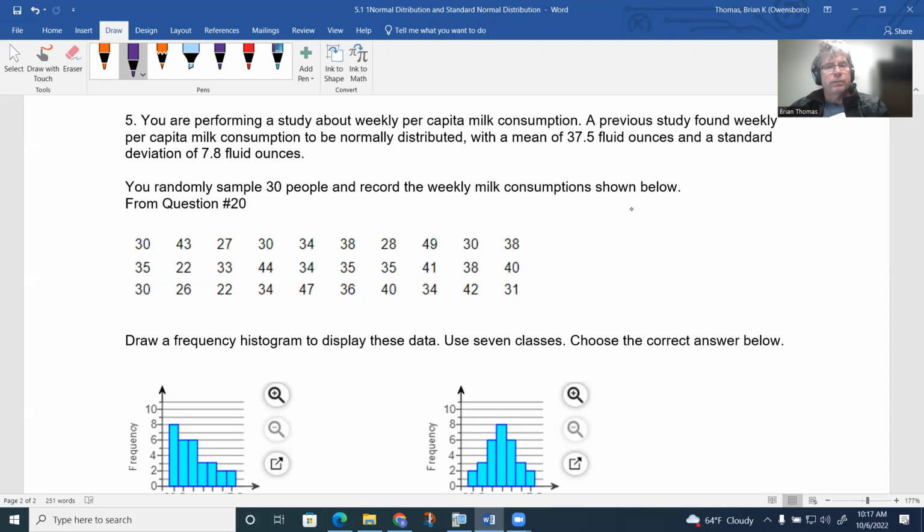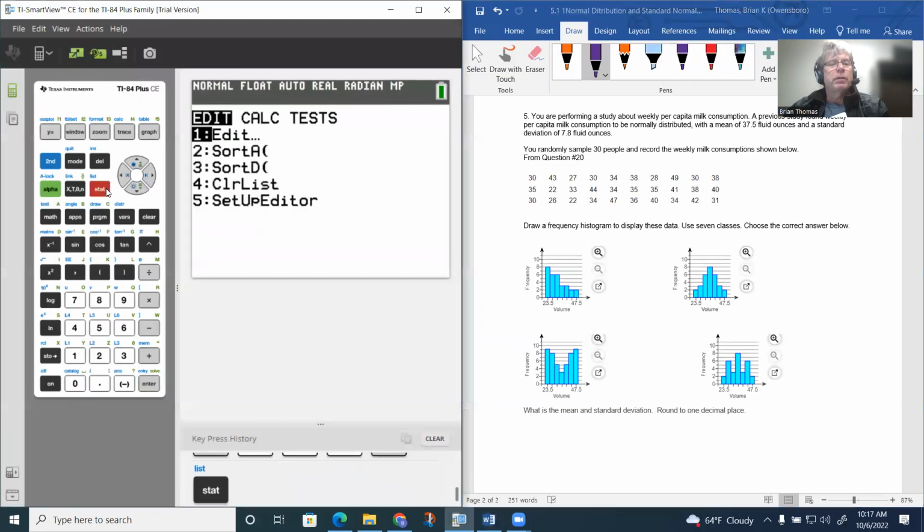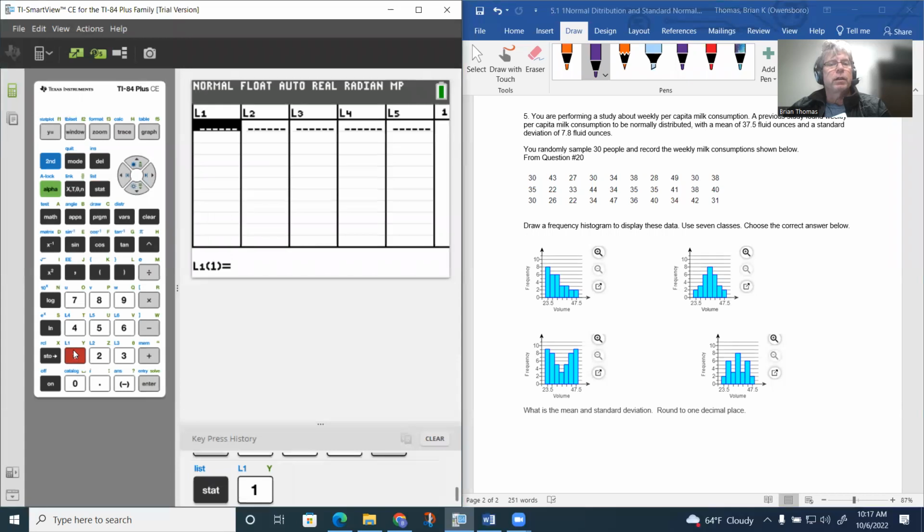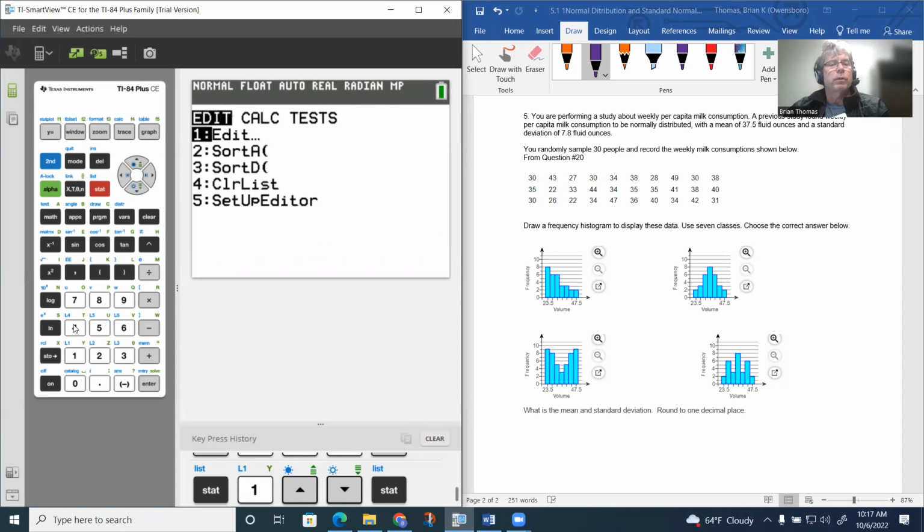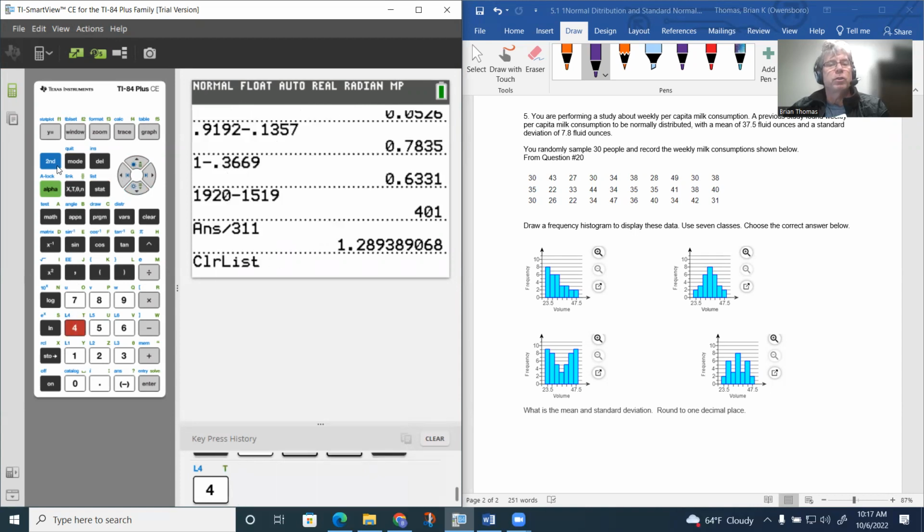If I put this data into the table, we slide this to the right. If I hit the stat button, go to edit, my table's already clear, so I don't have to clear it out. But remember, if you need to clear a list, you can go up to the L1 and hit clear. You also can go to the stat button and number 4, clear list, and tell it what list you want to clear.